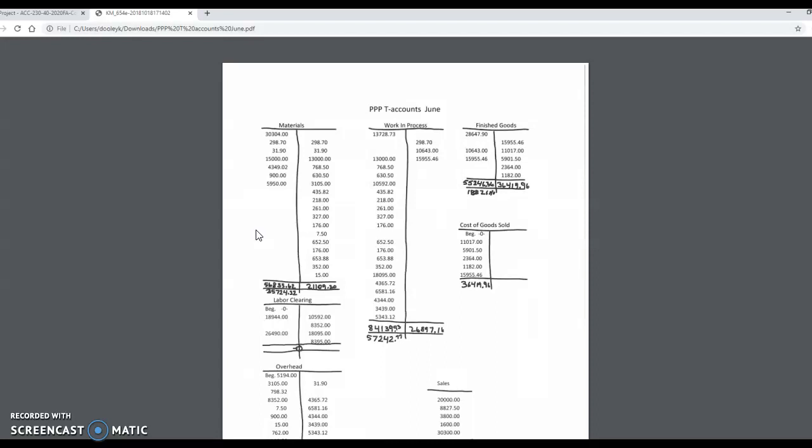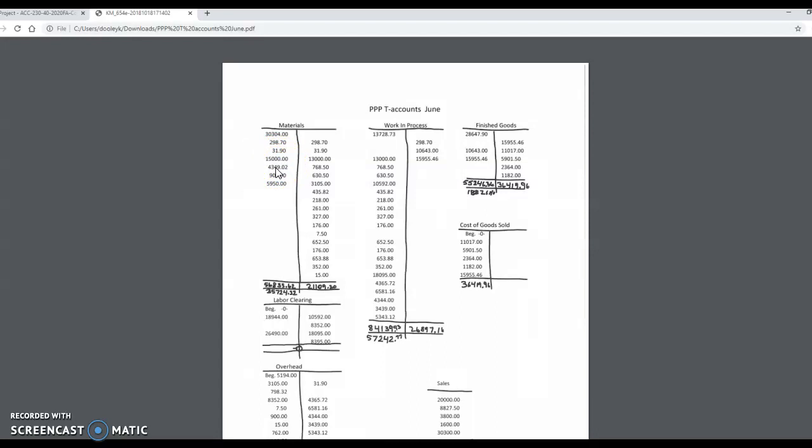So I have no T account for accounts payable. So here's the $15,000 and the $4,349.02 that we got from John R. Lumber that we purchased, debited into materials, but there's no credit for accounts payable on here. And again, in real life that wouldn't happen. Our debits have to equal our credits.